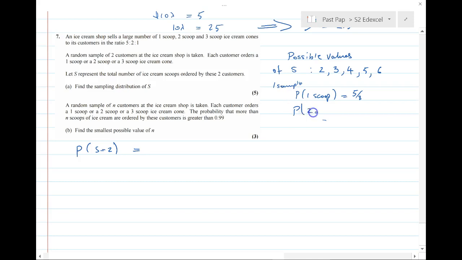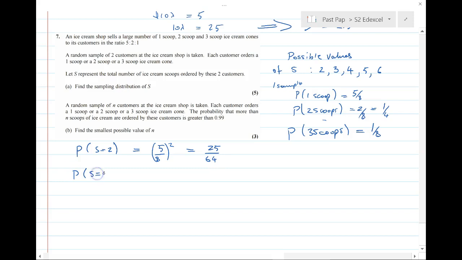Probability of 2 scoops is equal to 2 over 8, or 1/4, and the probability of 3 scoops is equal to 1/8. So the only way you can get 2 from a sample of 2 is if they both had 1 scoop, so that's 5/8 squared, which is 25/64.